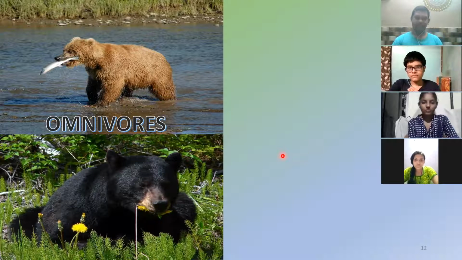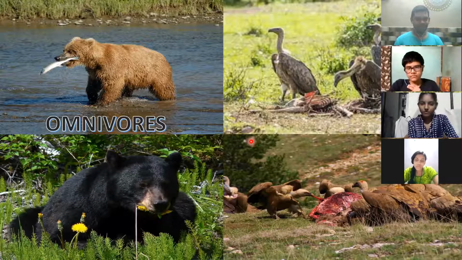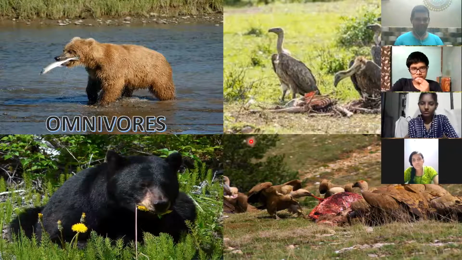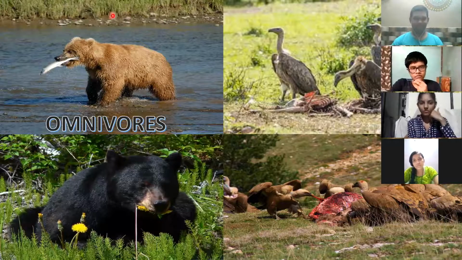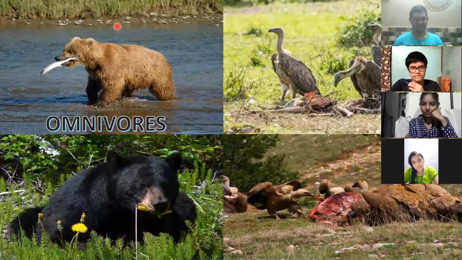Okay. Similarly, what is this? Which bird is it? Bustard. No. The great Indian bustard is found in the grasslands and they are herbivores.